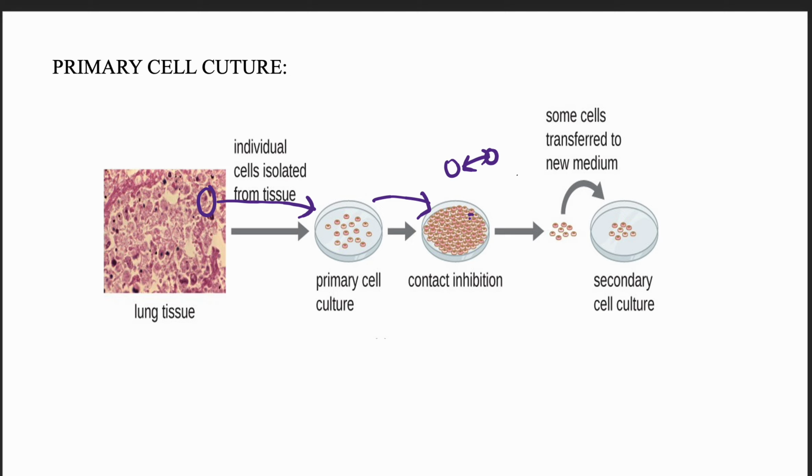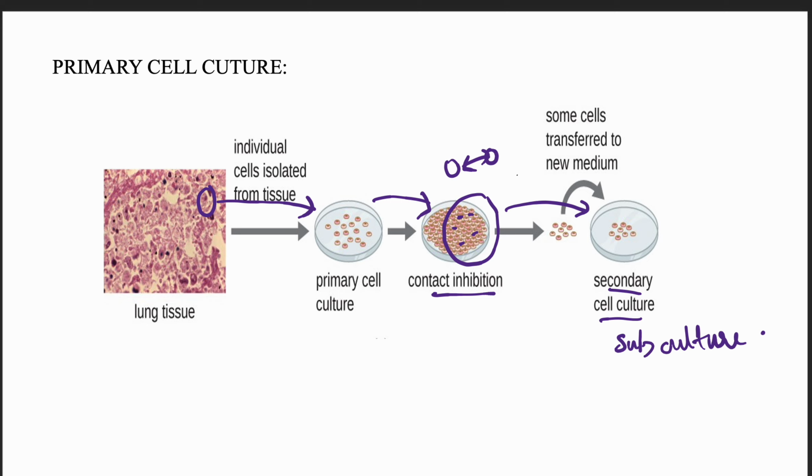So here you can see the contact inhibition. If contact inhibition is seen, such a condition requires changing the cells to a fresh media. Means when contact inhibition is seen in the petri dish, the cells are to be transferred to the new culture media, and the transfer of cells from this media to a new media is called secondary cell culture, or we can also say it is the first subculture.